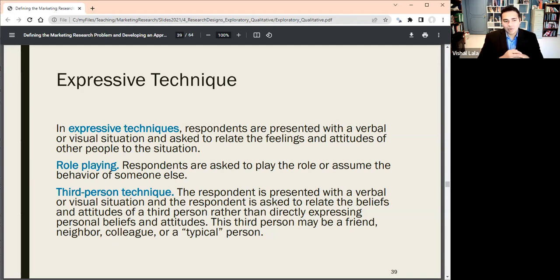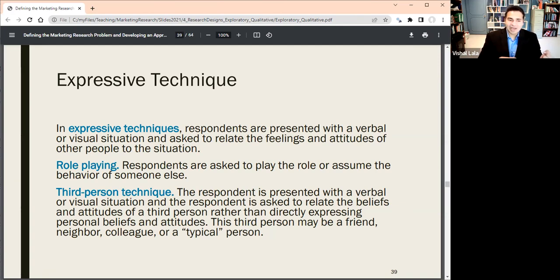So the point of this example is that when people step into a role, they actually play it out pretty well. And so one way of learning about, let's say, the thoughts of a VP marketing would be to get the respondent to believe they're a VP marketing, give them a little bit of script, tell them about their profession, their job, the promotion they got, a little bit of color about their office and their responsibilities.